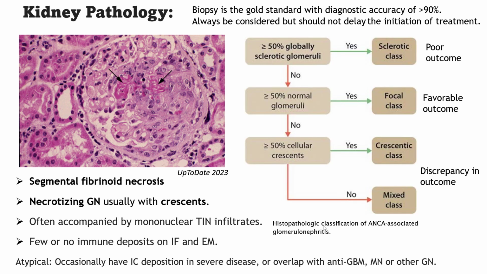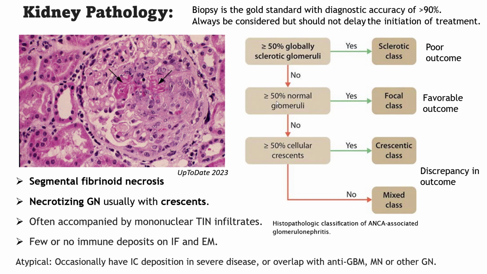There is a histopathological classification of ANCA-associated vasculitis, and this graph is from the KDIGO guidelines. So if you have more than 50% globally sclerotic glomeruli in the kidney specimen, it is the sclerotic class and it is a poor outcome.